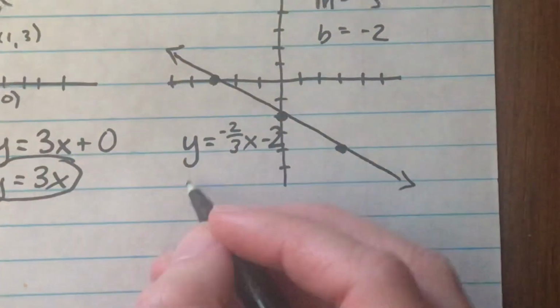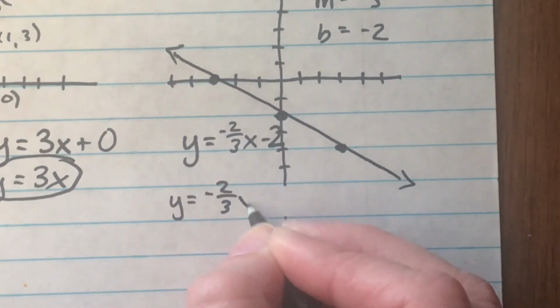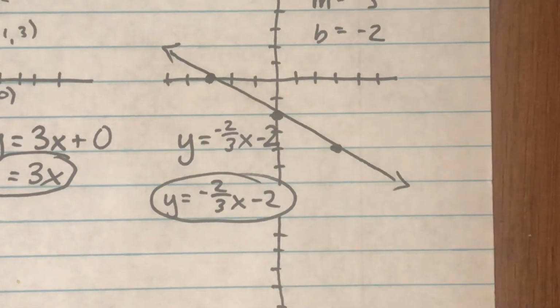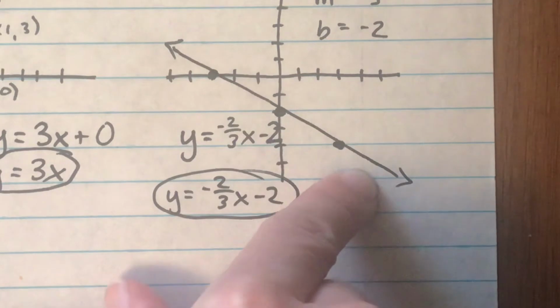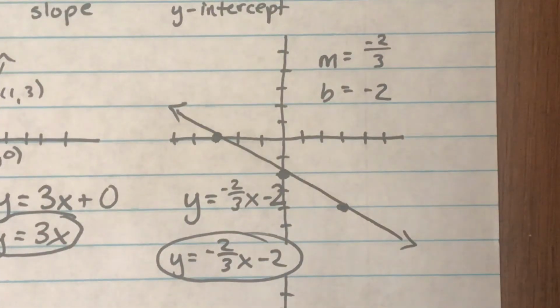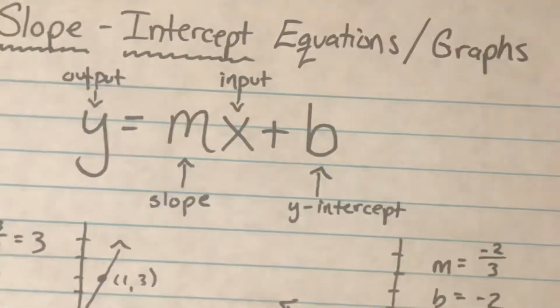And so our equation is -2 over 3x minus 2 for this line. The equation that gives us the inputs and outputs that we graphed as ordered pairs to form this line. So convince yourself again that this is the slope, this is the intercept, and all I do once I find them from my graph is plug them into the general form of a slope-intercept line.